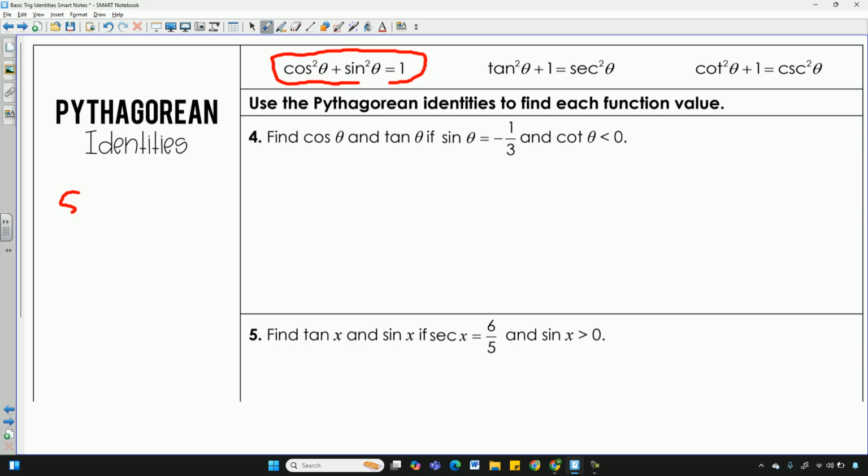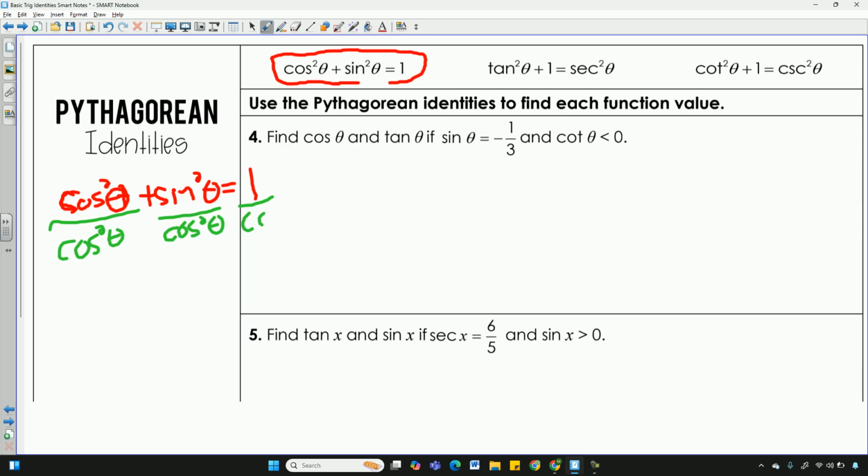So I take cosine squared theta plus sine squared theta equals 1, and I divide it by, in this case, cosine squared theta.